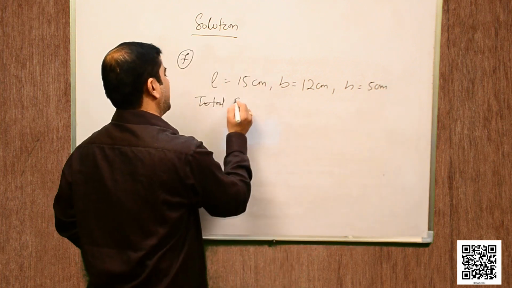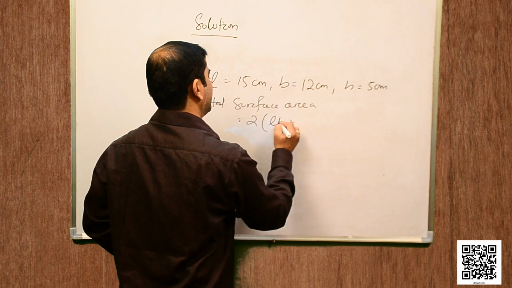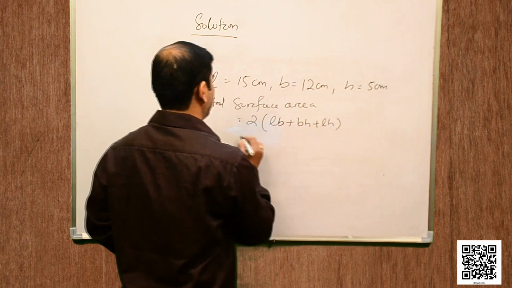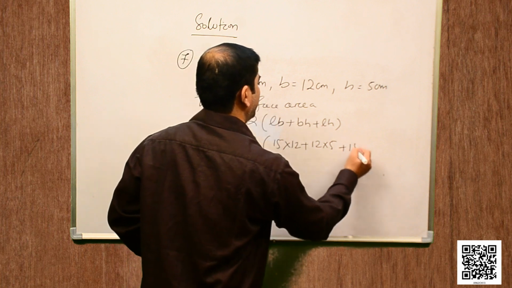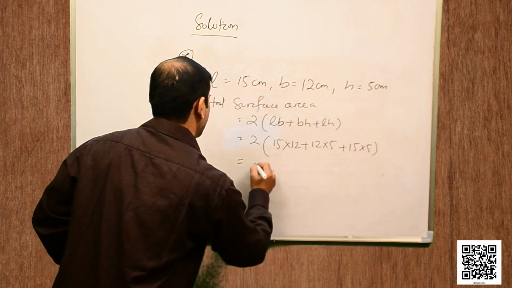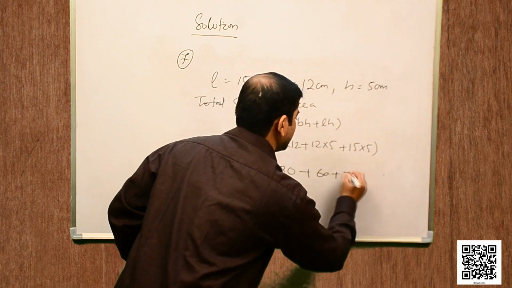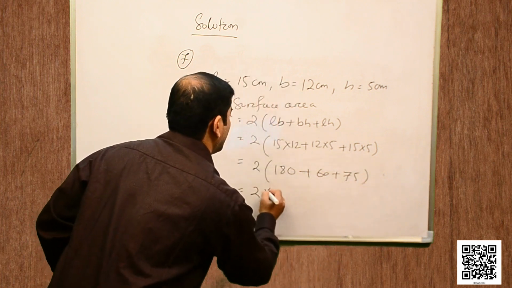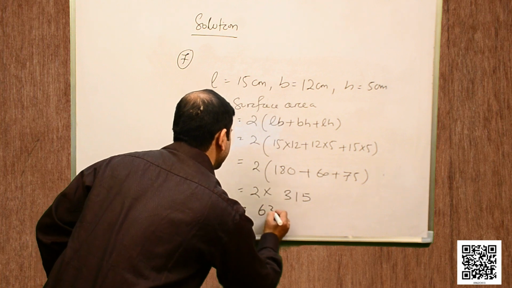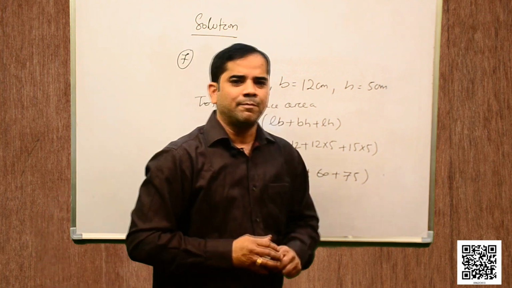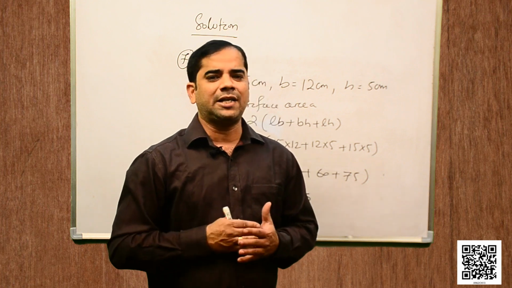So, total surface area is equal to 2 into LB plus BH plus LH, that is 2 into 15 into 12 plus 12 into 5 plus 15 into 5, that is 2 into 180 plus 60 plus 75, that is equal to 2 into 315 or that is 630 centimeter square. Okay.